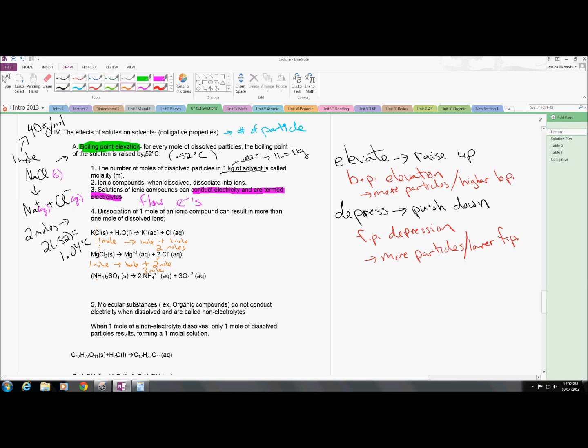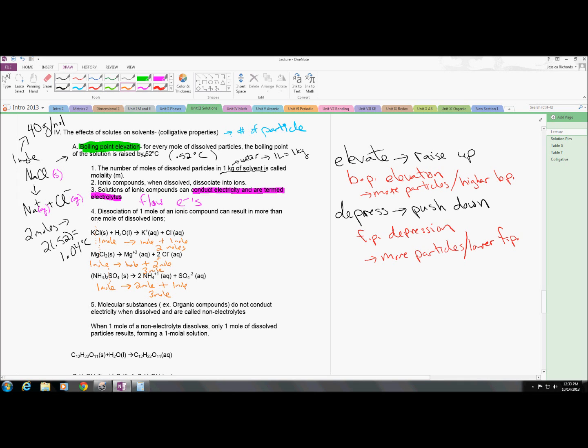Be careful with that more pieces part though, because when we look down here at this ammonium sulfate, this is a ternary compound. How do I know it's ternary? There's 1, 2, 3, 4 capital letters. So it's going to split apart here where my polyatomic ion is. So for every 1 mole of this ammonium sulfate that I dump into solution, I have 2 sets of ammonium, so 2 moles of those particles, and 1 set of the sulfate for a total of 3 moles of particles.